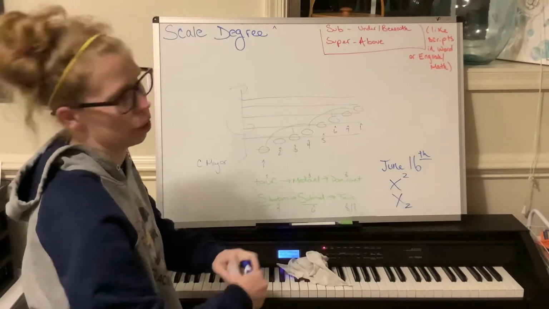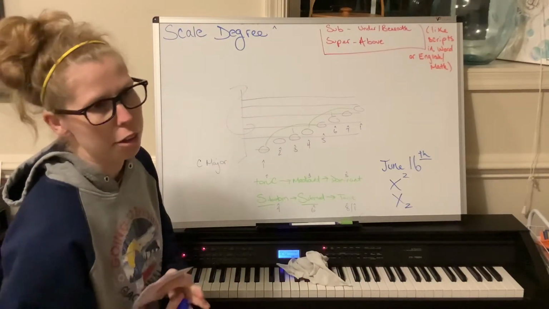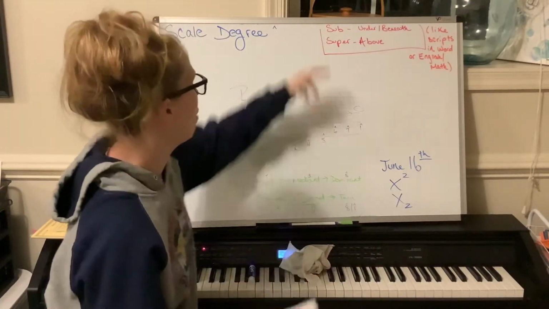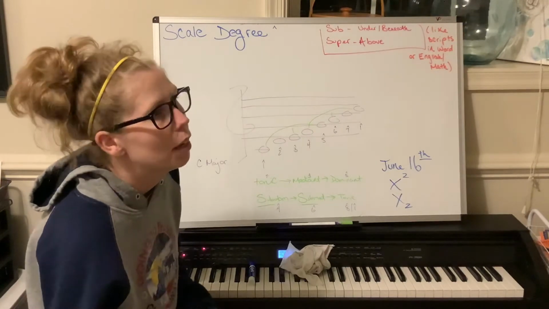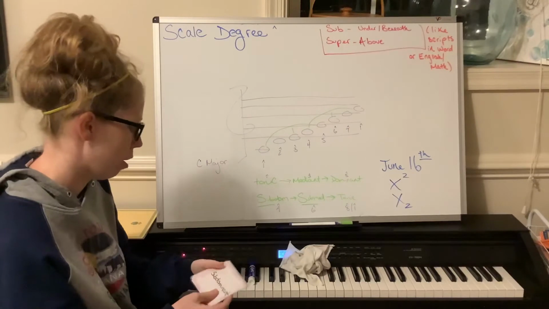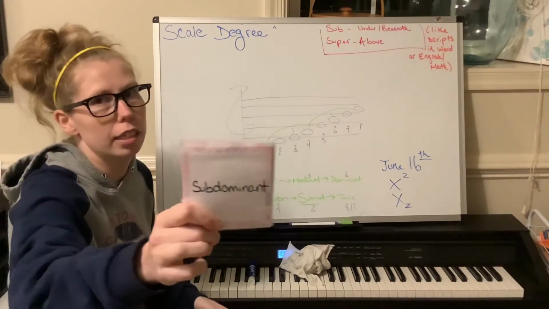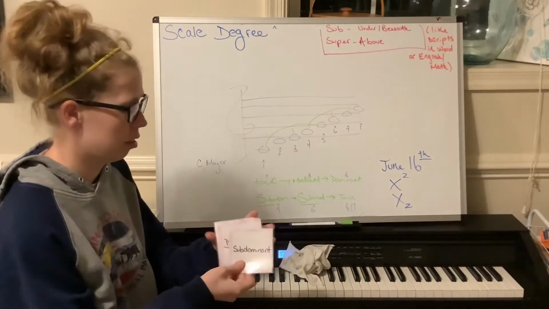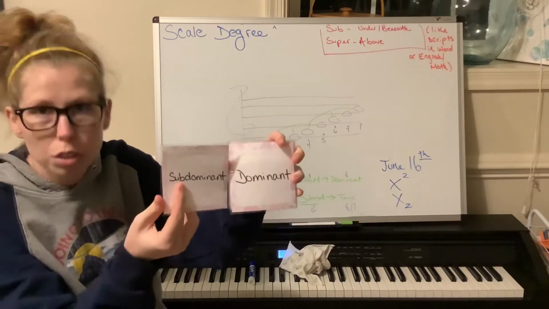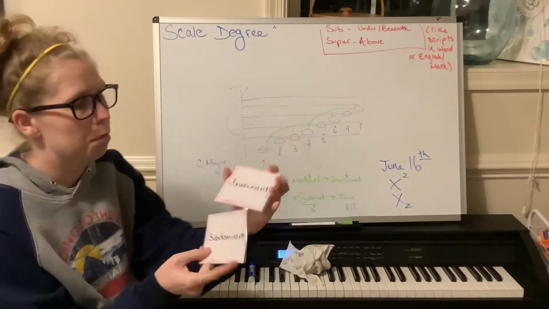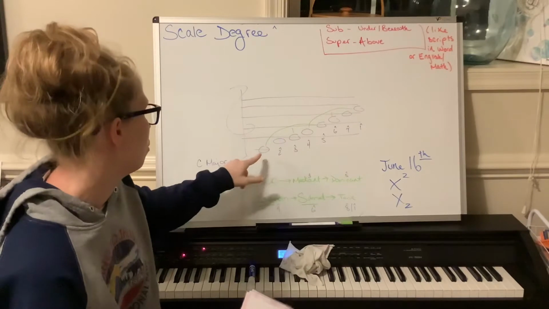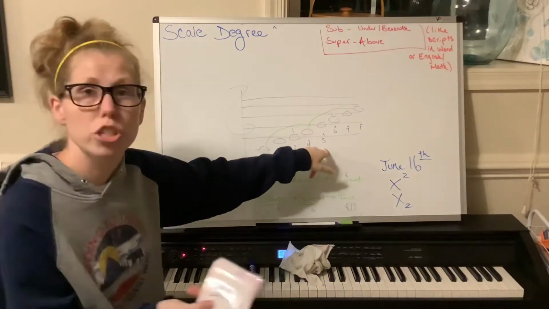I'm not quite sure off the top of my head because math is not something that I majored in. But sub, like a submarine, or super above, like Superman flies. So the subdominant is below the dominant. The submarine goes below the dominant, which is the fifth scale degree. So 1, 2, 3, 4, 5, which is G.